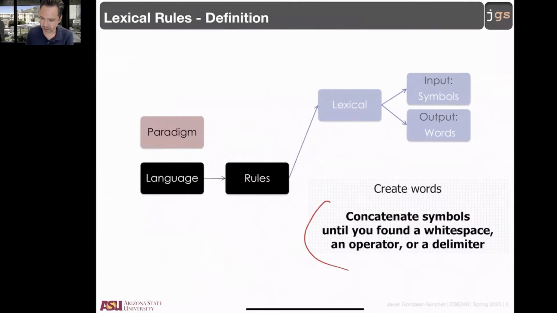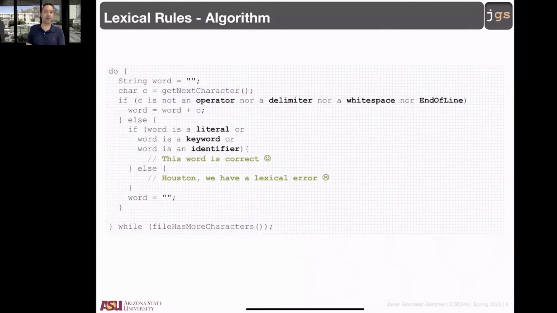I need you to remember this and identify this as a lexical rule. And therefore, I need you to be able to tell me if a particular error, a lexical error, exists in a program. Now, in order to identify lexical errors, let me tell you something.